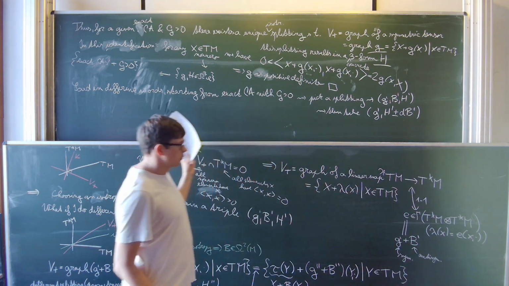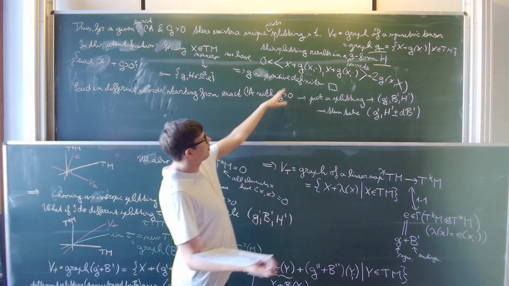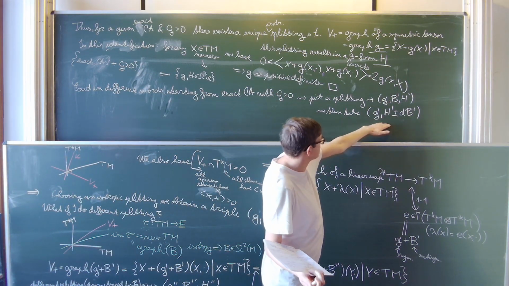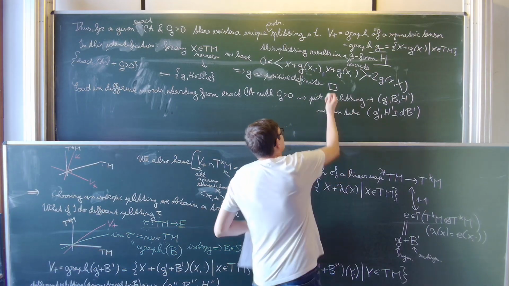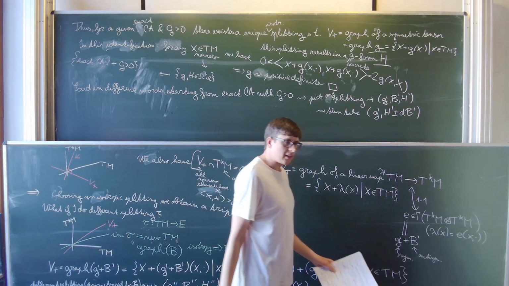Another way to arrive at the same result, if you are given an exact Courant algebroid with a generalized metric G and you want to get this datum of a metric and a three-form, is to just choose any splitting and then take this combination, and this is the result.